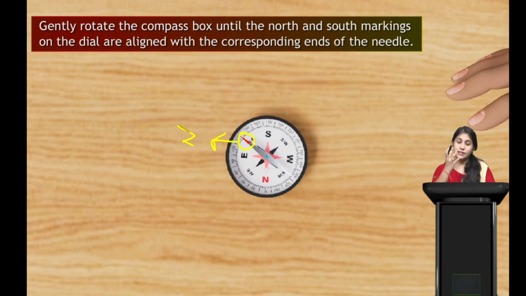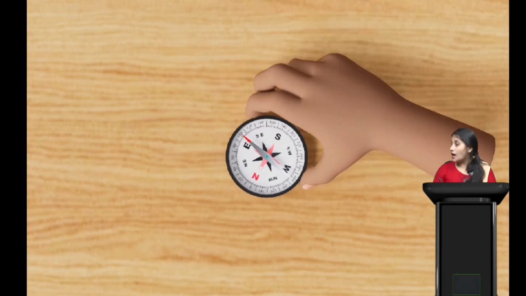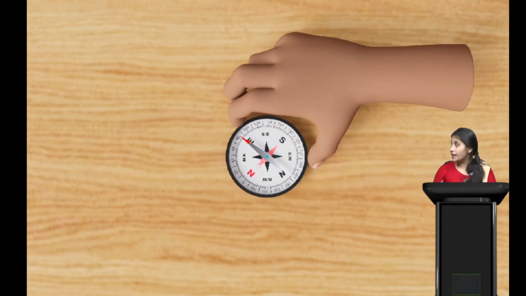So we will rotate the compass in such a way that the red part comes along the north direction, this direction, and the other part goes towards the south direction. In such a way we will rotate the compass and the needle will take its place in its direction. See how slowly he is rotating.